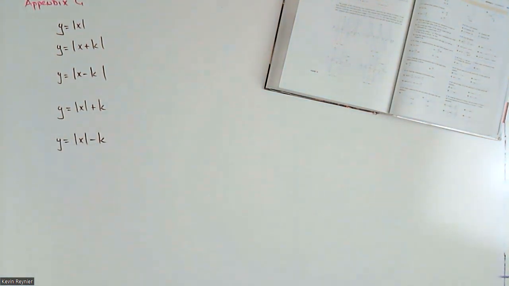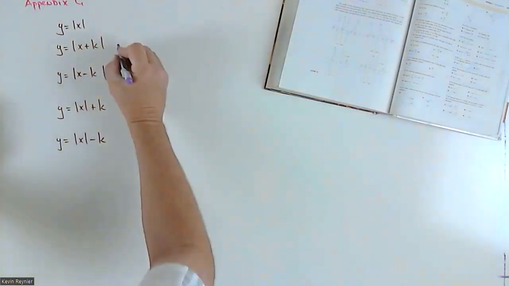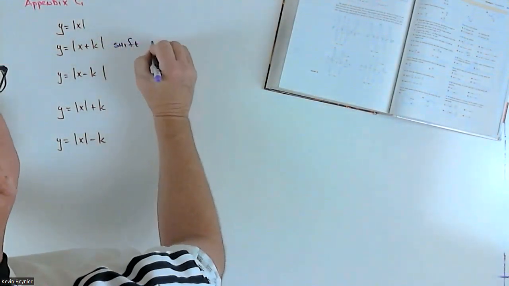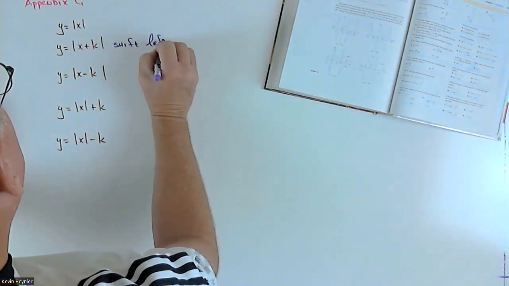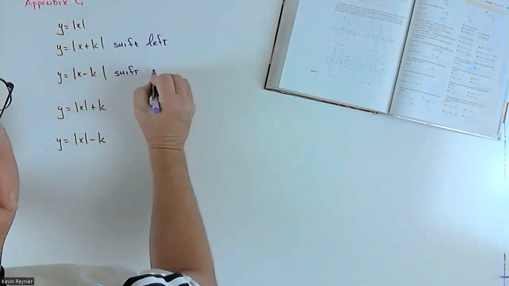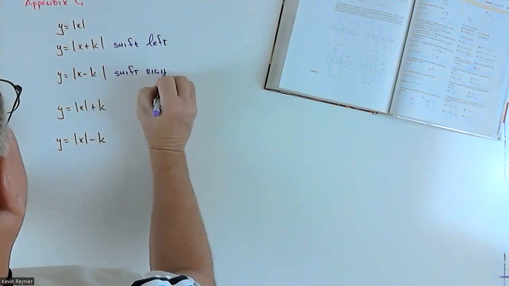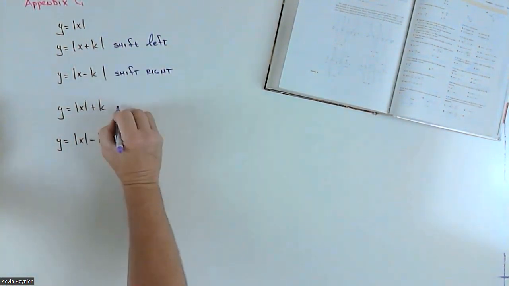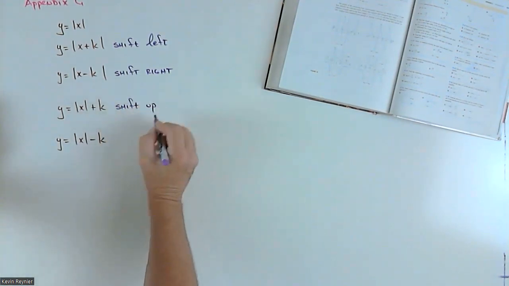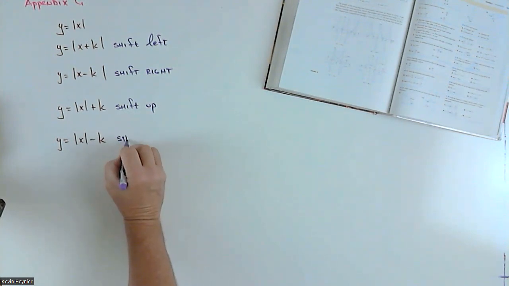Now, we're supposed to know what each one of these does. This is a shift left. This is a shift right. This is a shift up. This is a shift down.